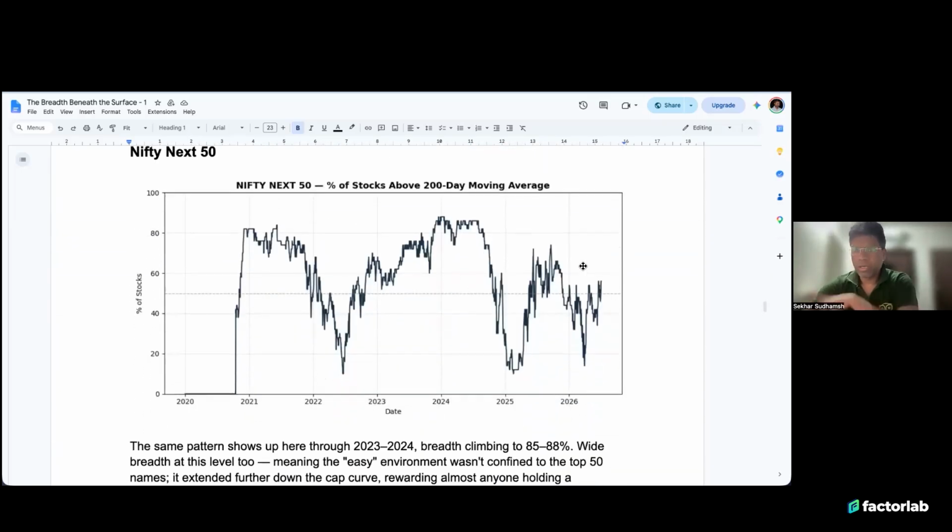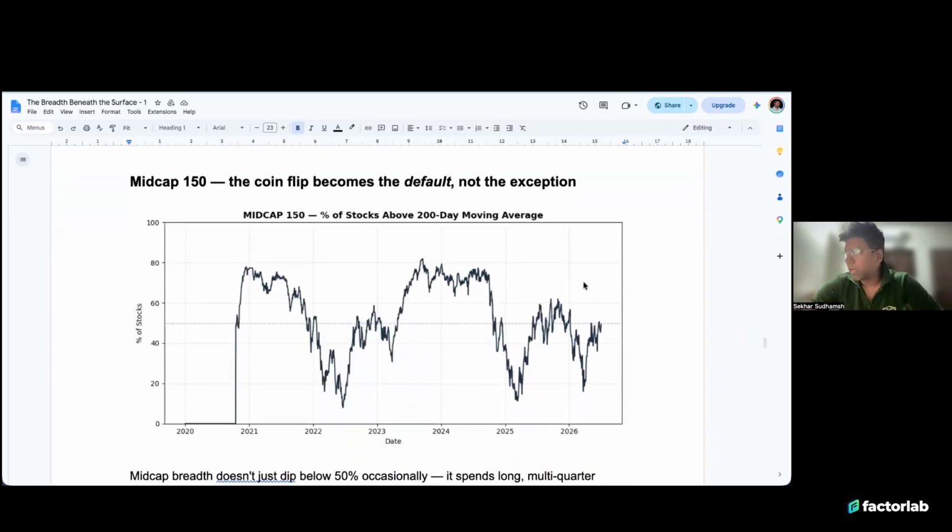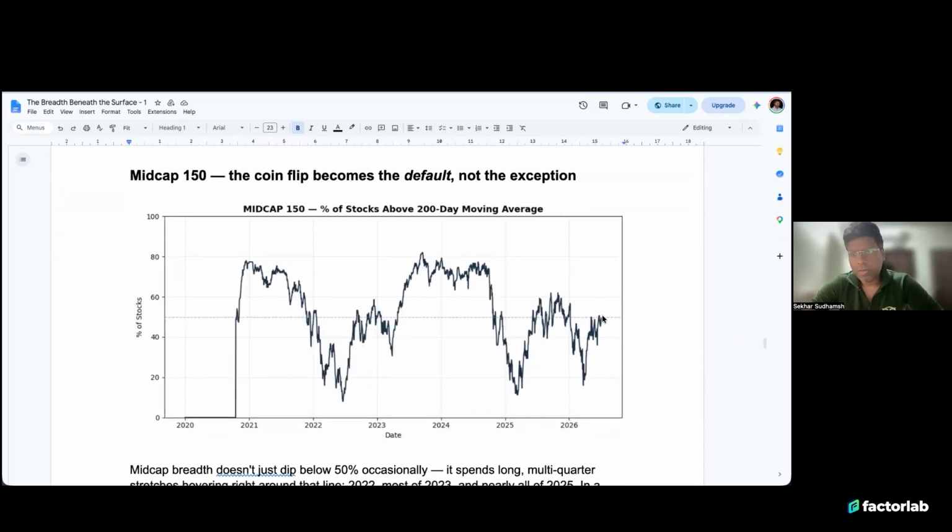Next, if I show Nifty Next 50, okay. If you see Nifty Next 50, again it is in the same position, that is, we are around the 50% halfway mark above the 200 moving average. Again it shows a lack of decisiveness. But now the mid cap is also around 50%.